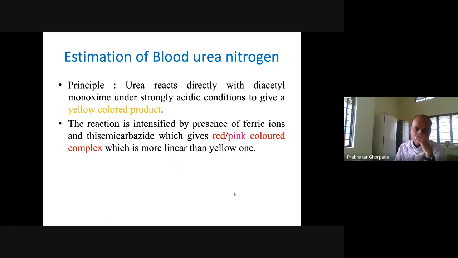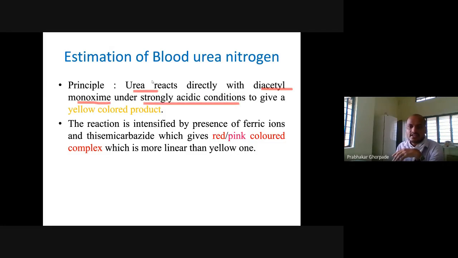So the next test we have is blood urea nitrogen. In blood urea nitrogen, this urea reacts directly with diacetyl monoxime under strongly acidic condition to give a yellow color product. The last test we saw needed alkaline NaOH, but if you are estimating urea, this urea has to react with diacetyl monoxime under strongly acidic condition.